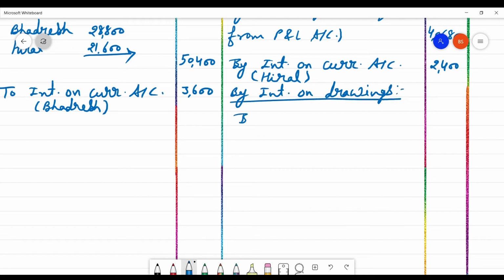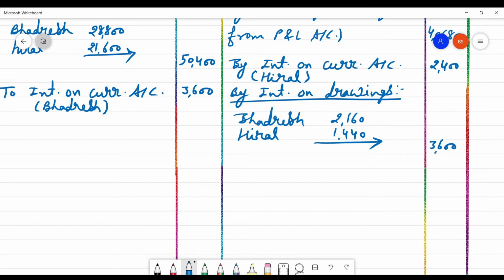So Bhadresh, Hiral. Bhadresh's amount is 2,160, Hiral's amount is 1,440. Make the total, it will be 3,600.